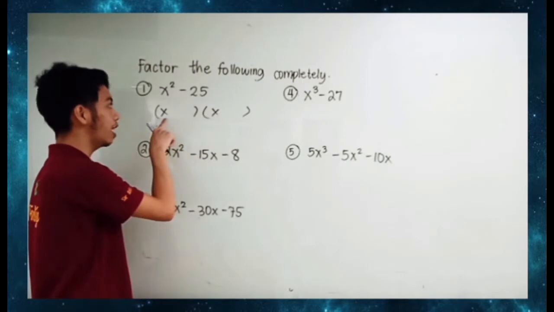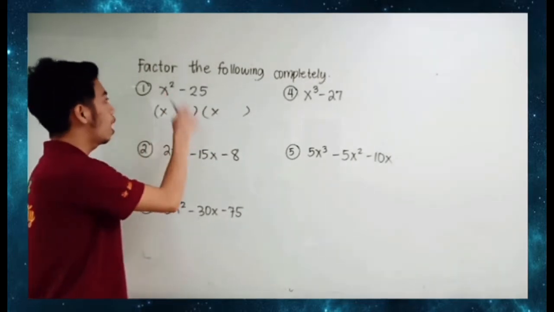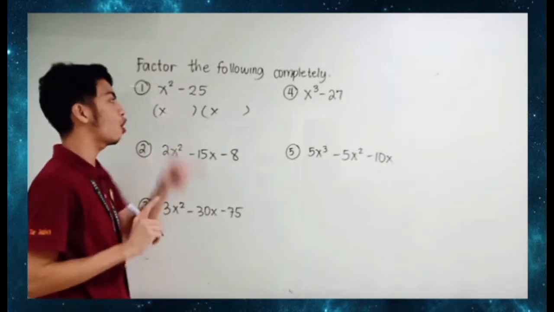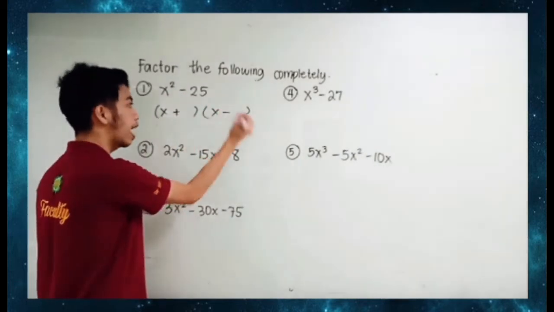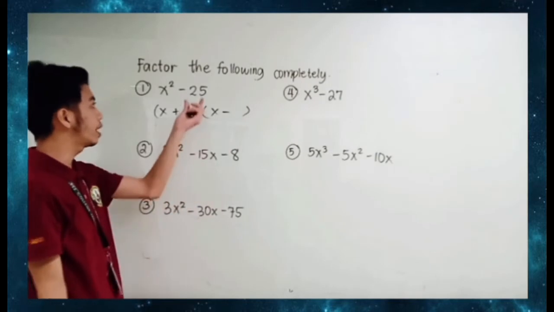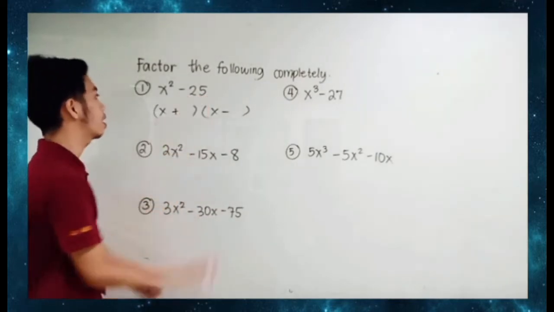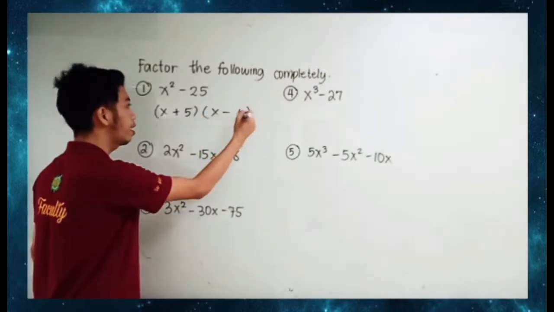Kasi x times x is x squared. So, ano yung operation? Kapag difference of 2 squares, ang operation isang plus, isang minus. Okay, now, what is the square root of 25? That is 5. Kaya, ang ilalagay mo dito ay 5.